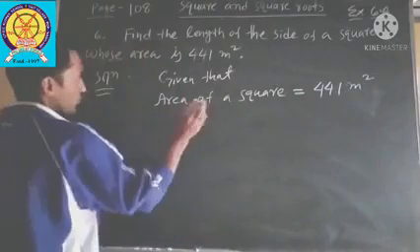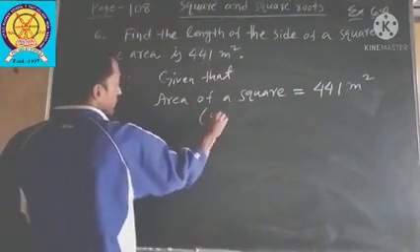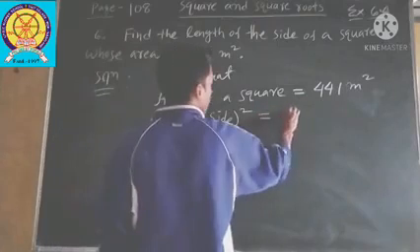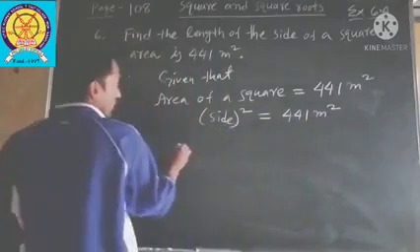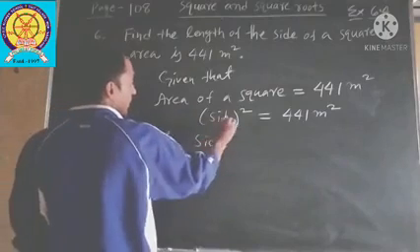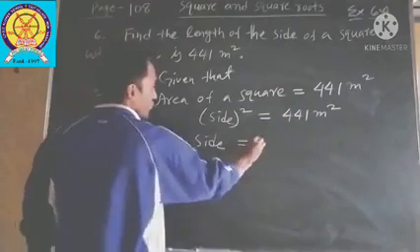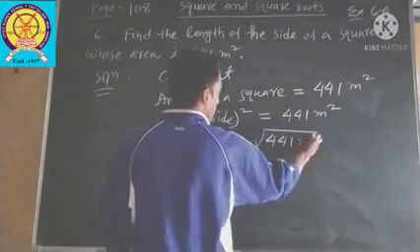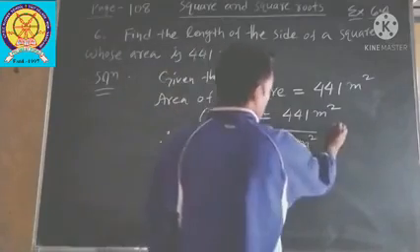The formula for the area of a square is side squared. Therefore, side squared equals 441 meters square, so side equals the square root of 441 meters square. Now you have to find the square root of 441.